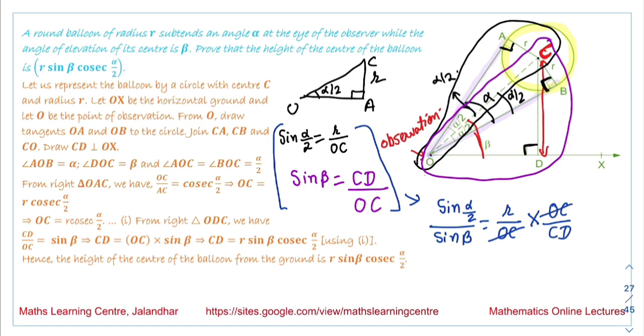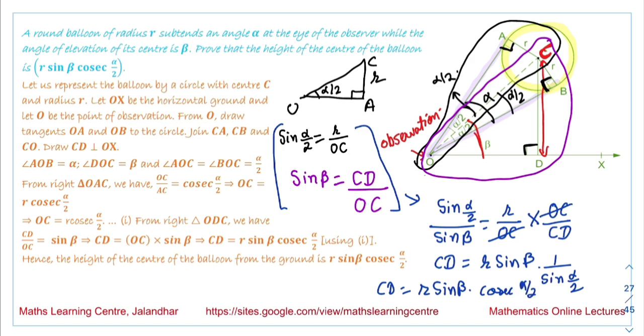We want to calculate the value of CD. So that is equal to R sine beta into 1 over sine alpha by 2. So we get CD is equal to R sine beta into cosecant alpha by 2.